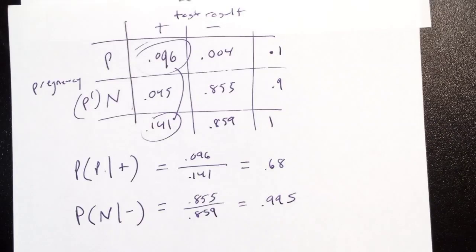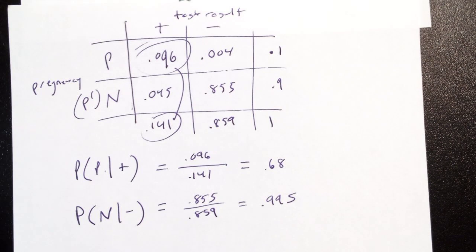This test is much better at detecting low levels than high levels. If there's even a little bit of a chance you could be pregnant, because, well, let me see, medical tech was a long time ago, HCG hormone is present in a pregnant person's body.